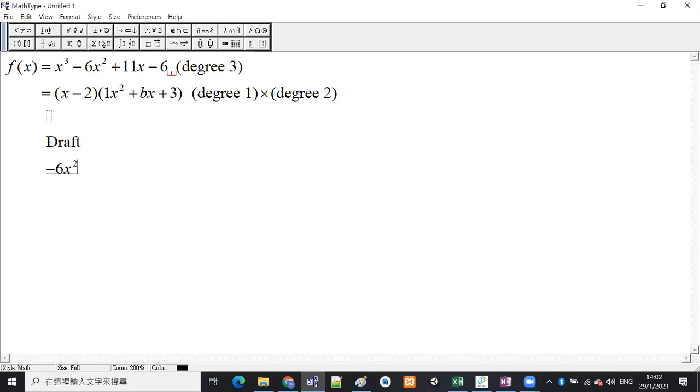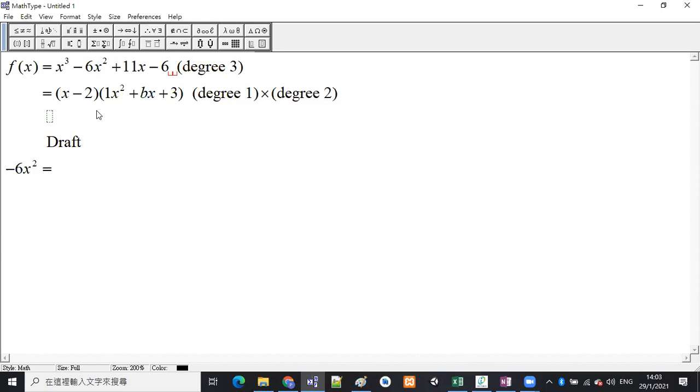And then the right-hand side, how can I get a square term? Okay, by expanding the bracket. When I expand the bracket, then how many square terms can I get?